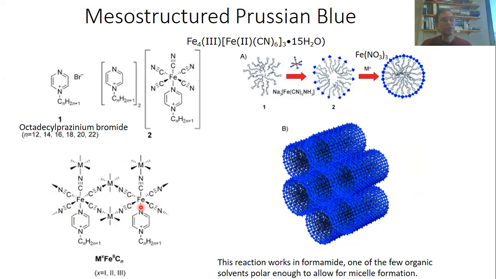Solvent extraction in this case also doesn't work because we have here a covalent dative bond between the nitrogen of the surfactant and the iron in the Prussian blue.